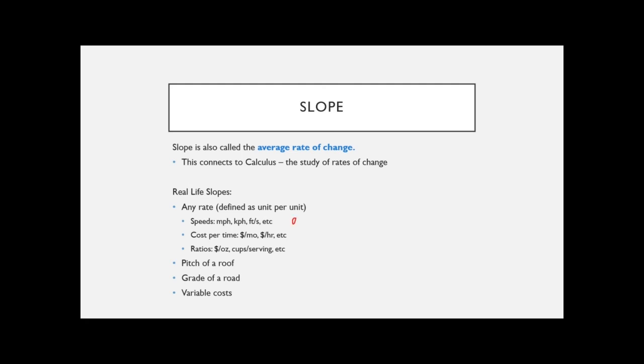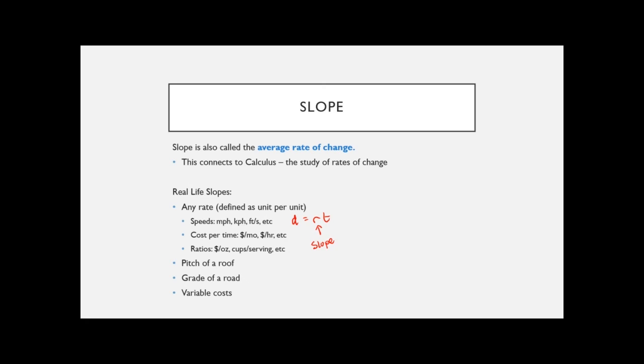And if you think of your formula, D equals RT, that R is your slope, because R is your rate, your speed, and this is actually in slope-intercept form, but with different variables. So when you start going into slope-intercept form, you'll see, oh, that is literally the slope.